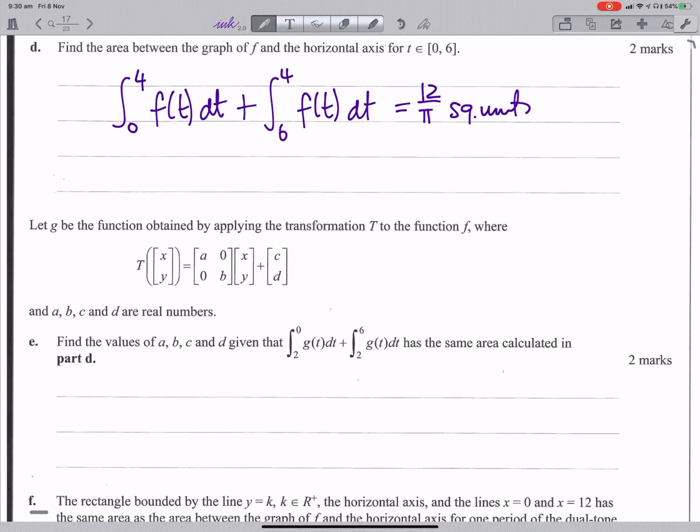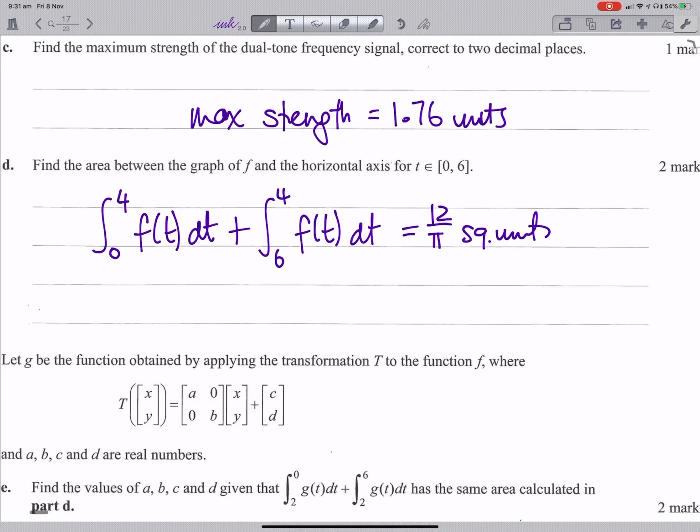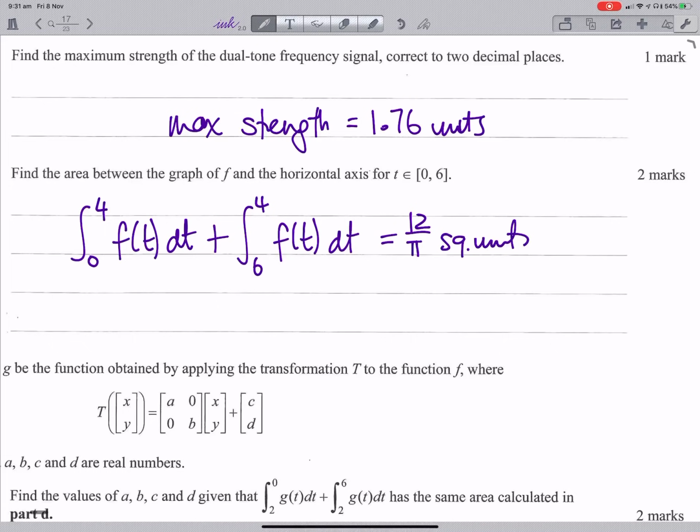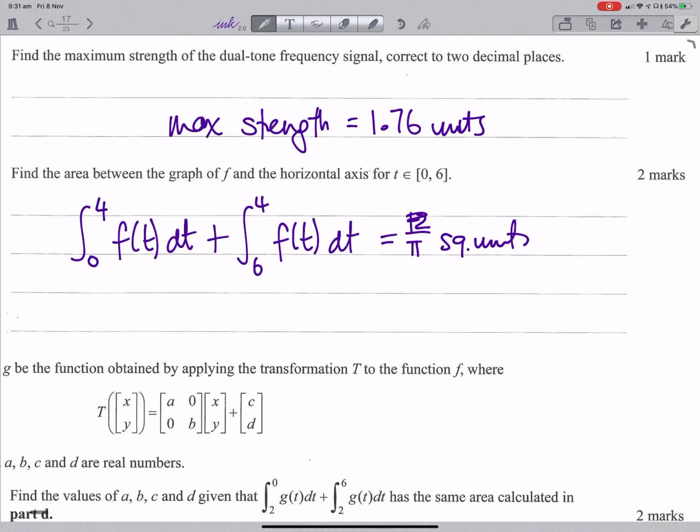Sorry, someone's ringing my phone as well. Is that right? I haven't stuffed anything up. 4 to 6. Ah, you dumbass. 6 to 4. 15 on pi. Okay.